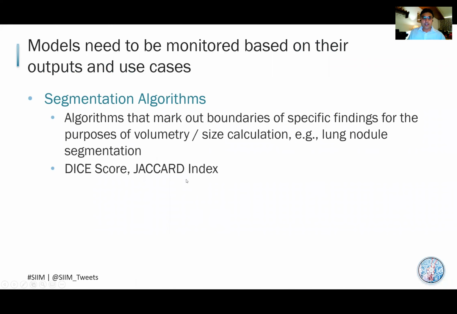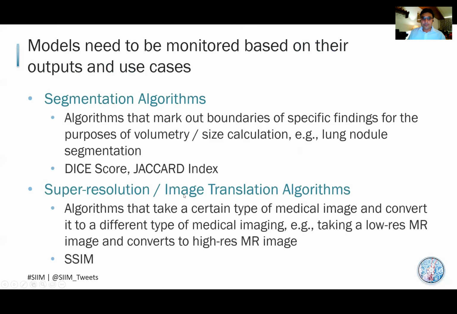Then we have segmentation algorithms that are algorithms that mark out boundaries of specific findings. So in the localization, you are only marking the location, whereas in segmentation, you are marking the actual boundary of the output. And this, we have seen commonly used metrics to measure segmentation accuracy are dice score and Jaccard index.